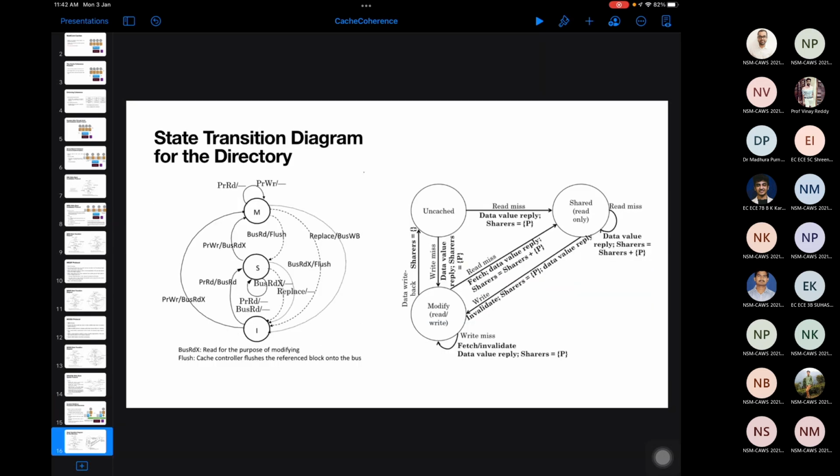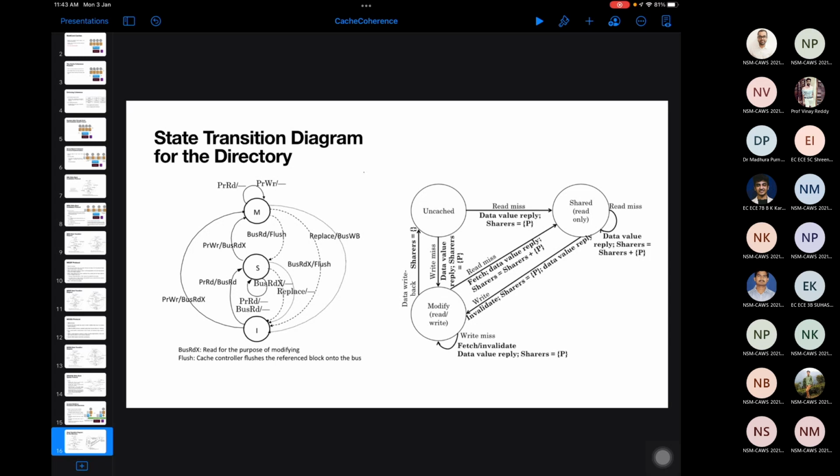So we supply the data from the shared cache to the private cache, and we indicate that the core which requested the data is now sharing this particular block. So we update the presence bit of that particular core to 1. That is given by sharers equal to {P}. Initially sharers is the empty set. Now P is added to that set. So we moved from uncached to shared on a read miss, supplying the data from the shared cache to the private cache.